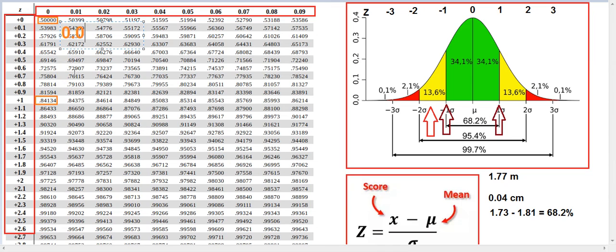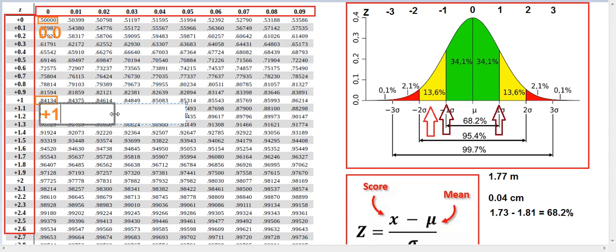It doesn't make any sense to write down +0, but it makes sense to write down plus 0.01. That's why we have this plus here. So for this number we have 0.0, and for this number the main number is +1.